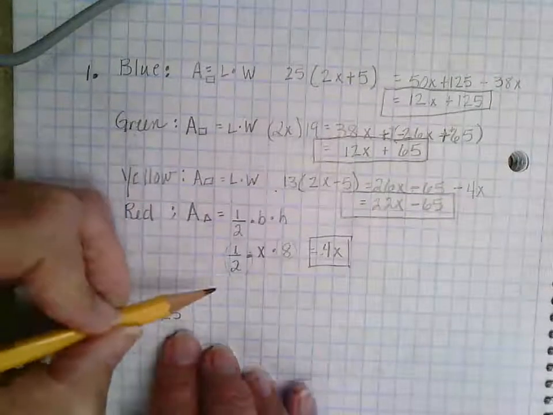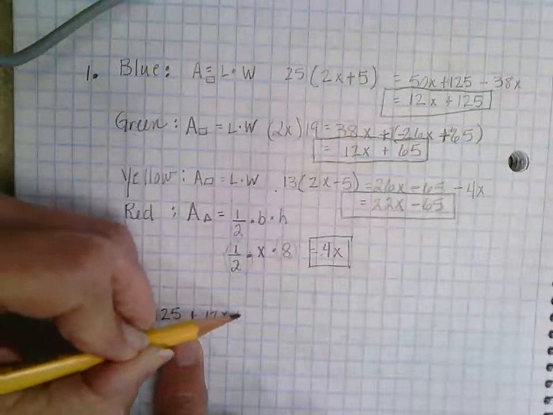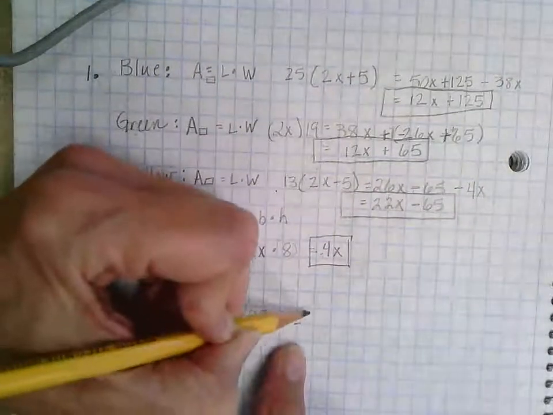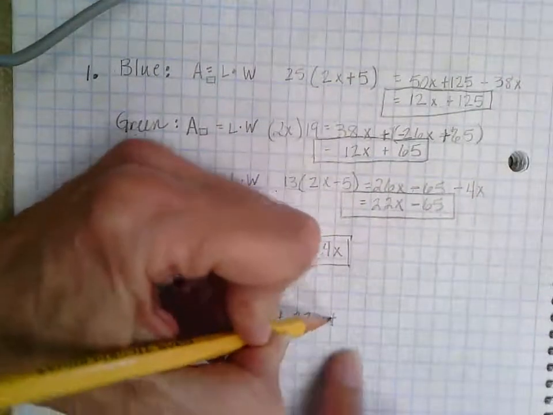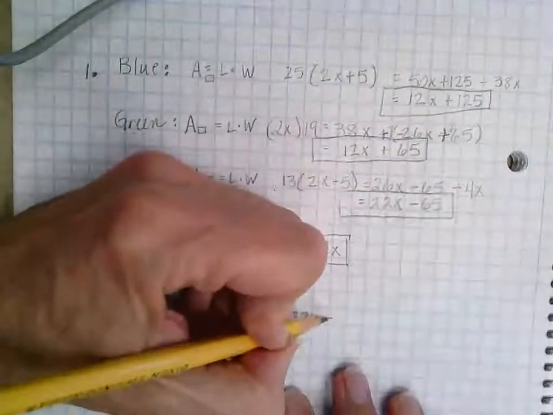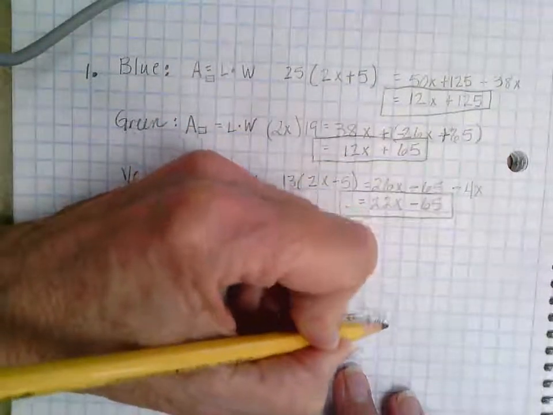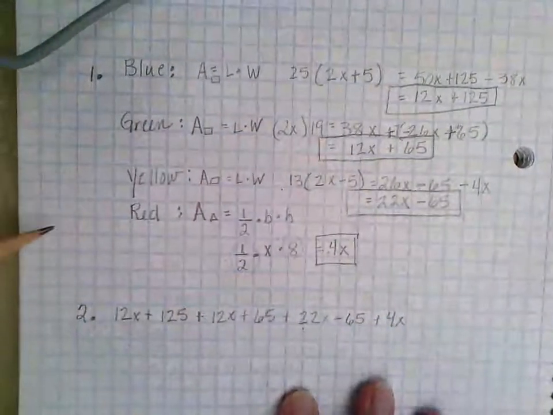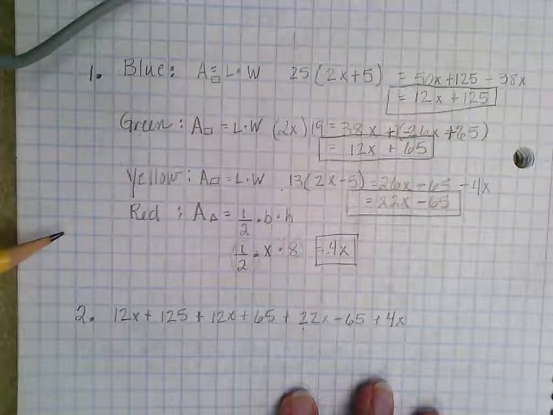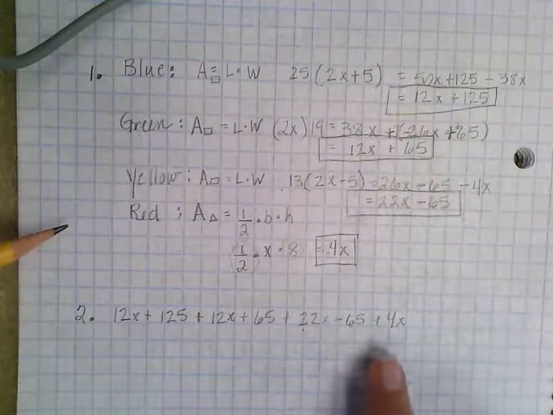And this is addition. So addition is commutative, so we can put things in any order, but the first time I write them down, I'm going to write them as they appear up above. So I want to combine like terms, and I can see that I have a bunch of x's, but I'm going to look at my constants first.